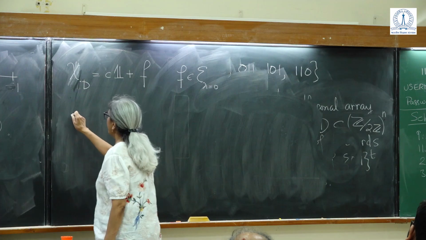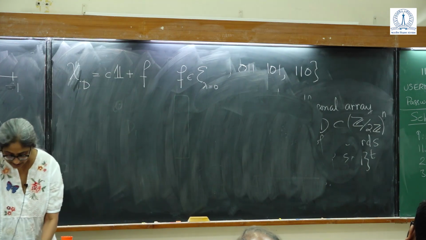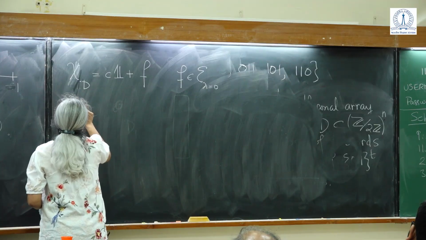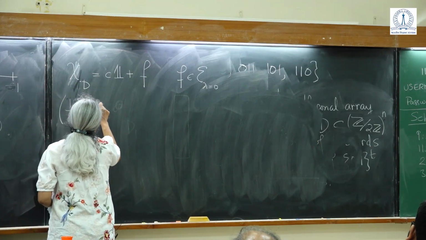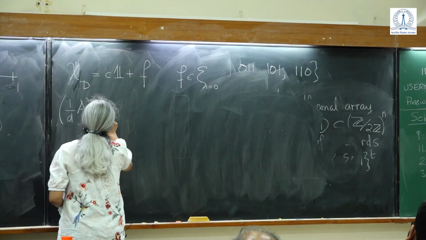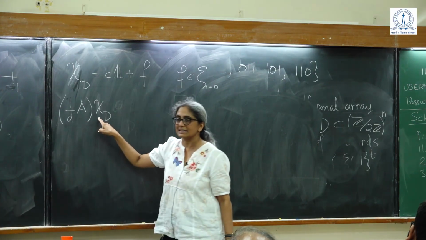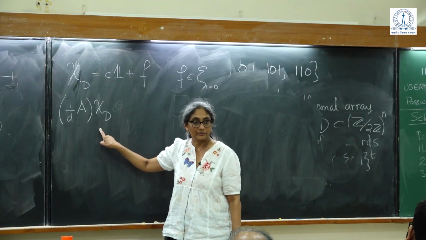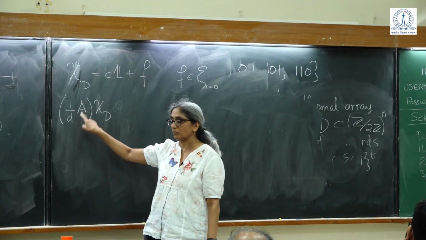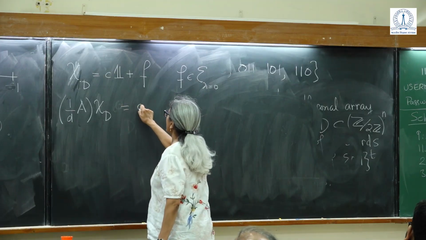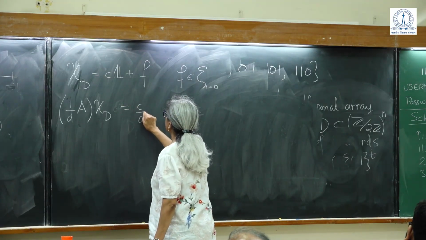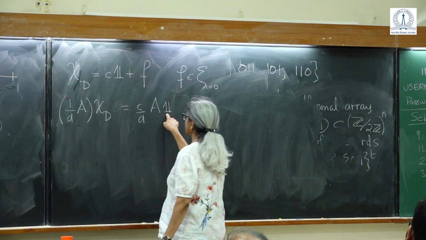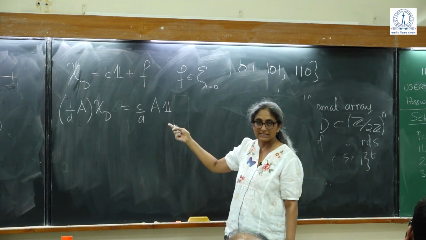Now, what happens if you hit this vector with the walk matrix? Think of this as the measure that I'm sitting on, and I run one step of the random walk, okay? That means I multiply with 1 over d times A. So then here I will get c times (1/d) A times 1, and A times 1 is d times 1, right?